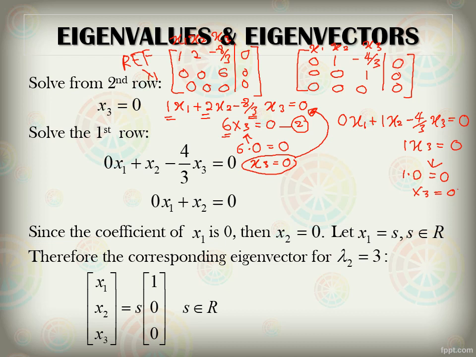When we substitute this into the first linear equation, this term becomes 0. What we are left with is 0 x1 plus 1 x2 equal to 0.